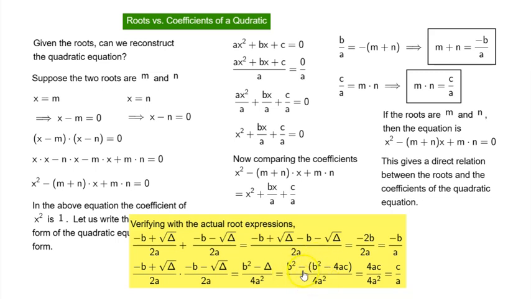B square cancels out, minus times minus is plus, that is 4ac by 4a square, which gives us c by a, which is what we have. The product of the roots is c by a. So that was the relationship between roots and the coefficients of a quadratic.